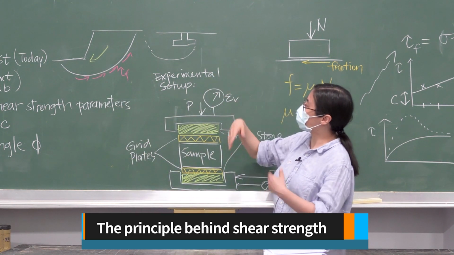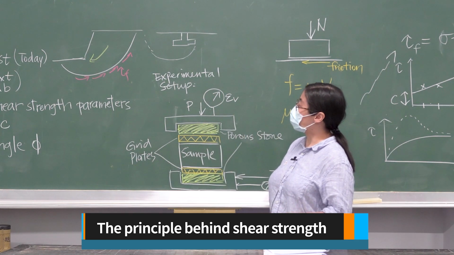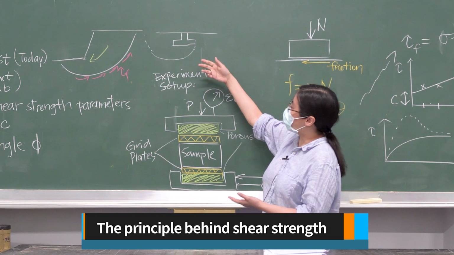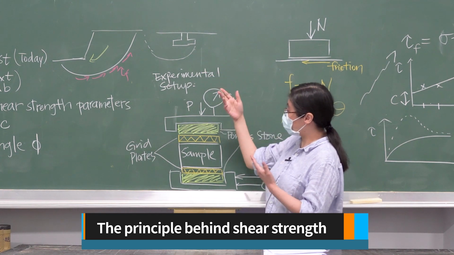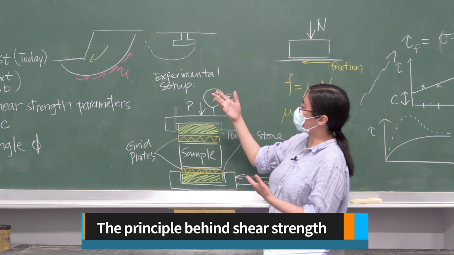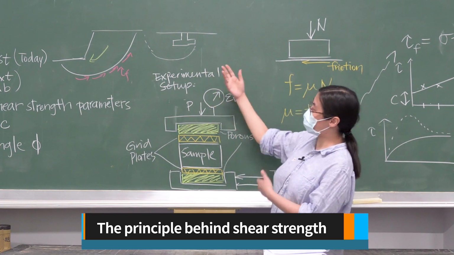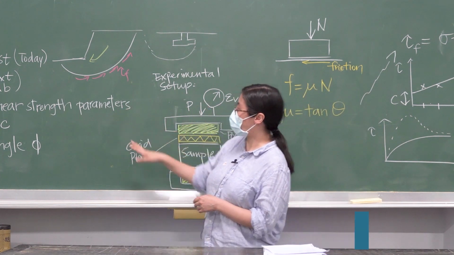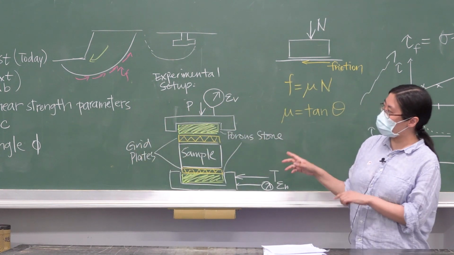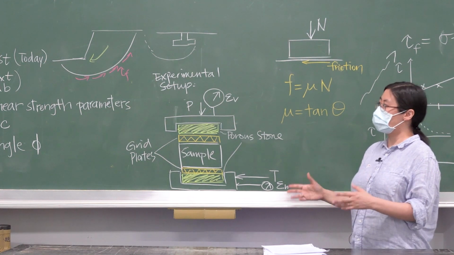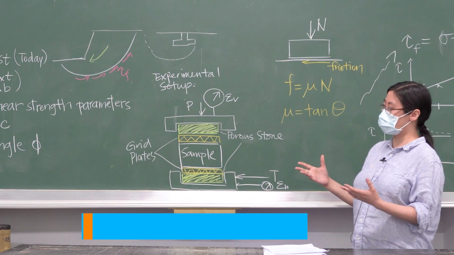Likewise, for the foundation, you will have to use the shear strength parameters to help you evaluate the bearing capacity failure of your foundation. Both of them involve the usage of shear strength parameters. So today we are going to use the direct shear test. The setup is very simple compared to the setup of the triaxial test.